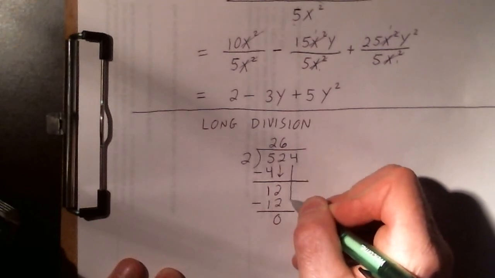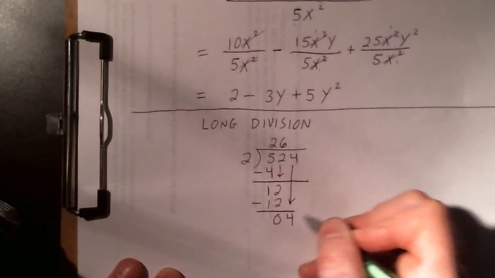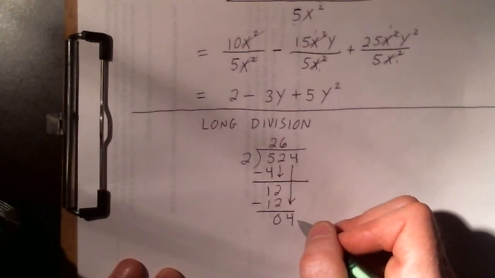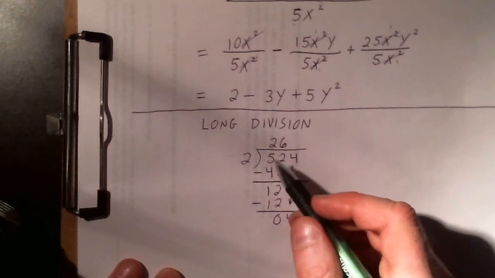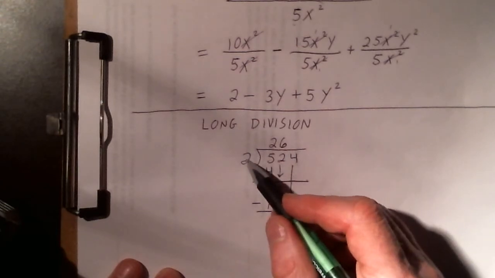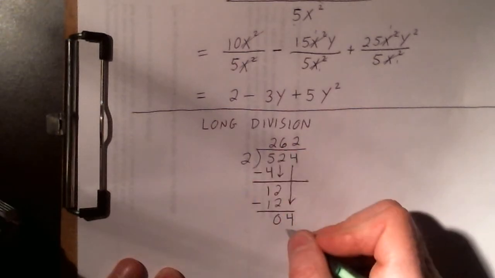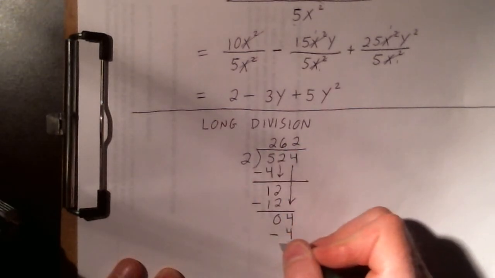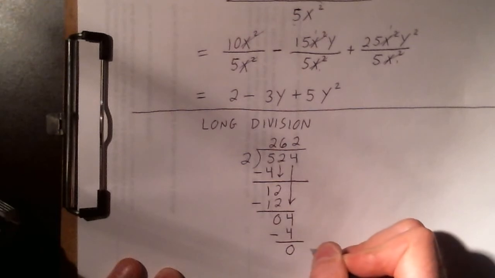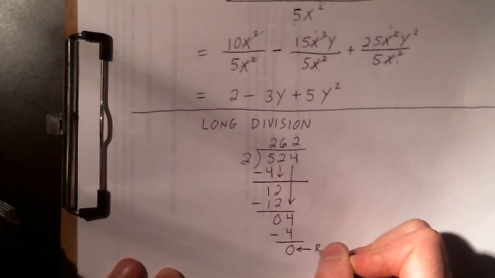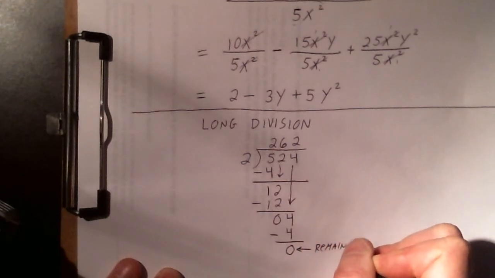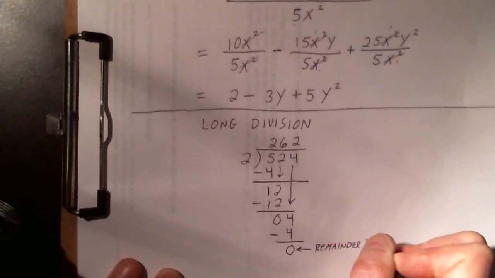Now we drop down the next digit to 4, and now we have to embark upon round 3, the final round of our division here, by asking ourselves, how many times does 2 divide into 4? 2 times. 2 times 2 is 4. Subtract off, and we get what's called a remainder of 0. This is your remainder here because there's nothing else to bring down.